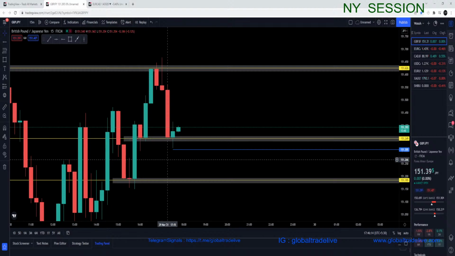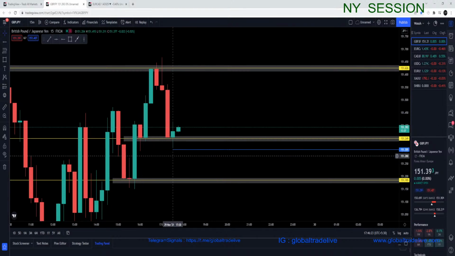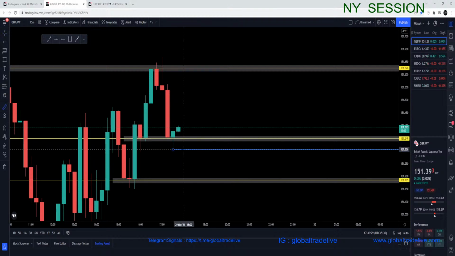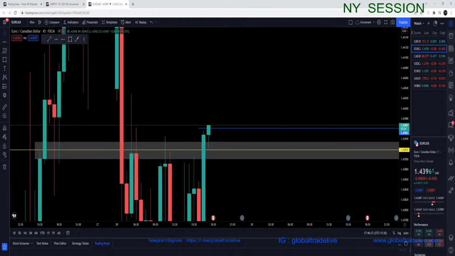I'm not gonna trade this JPY. Because if I take a trade over here, once this candle breaks the low, there's no range. The range is just 12 pips.